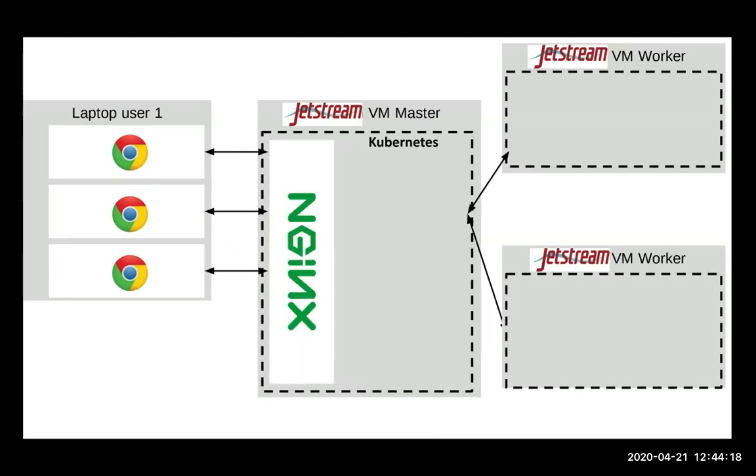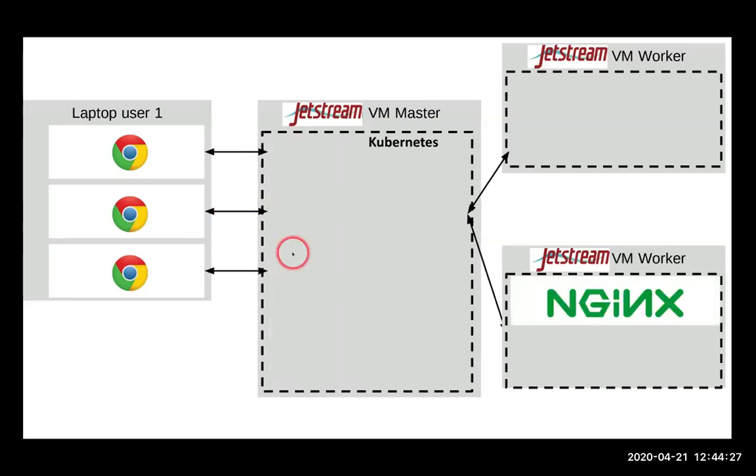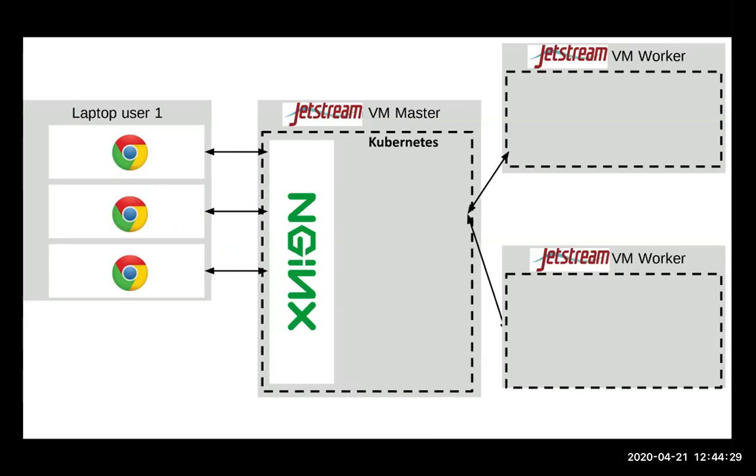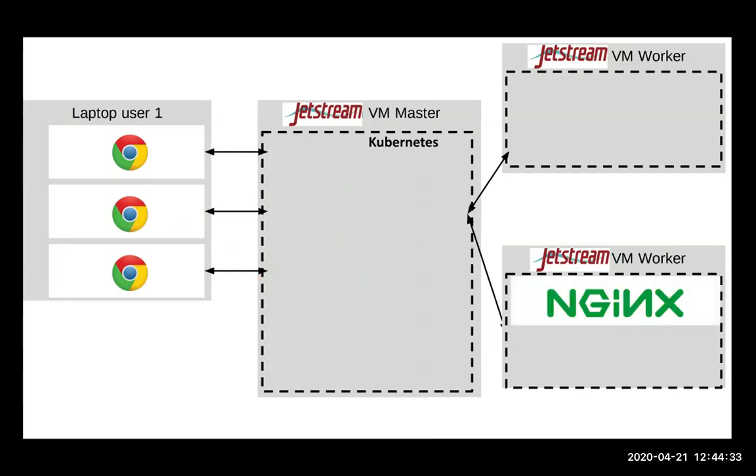But generally, unless you have other requirements, you don't specify where you want to run a container. So a container could run on some other worker. But this is no problem, because Kubernetes automatically handles all of the networking.